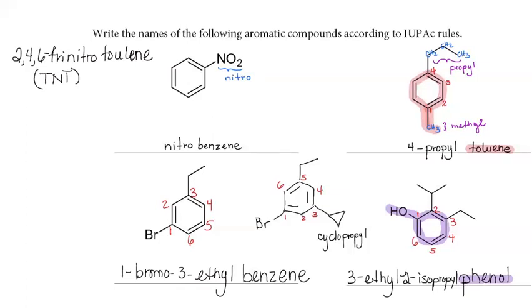Okay. Take a moment, draw the structure, because now based on the name, we can draw it. Take a moment, draw the structure of 2,4,6 Trinitrotoluene.